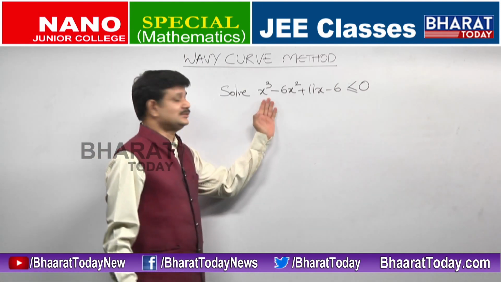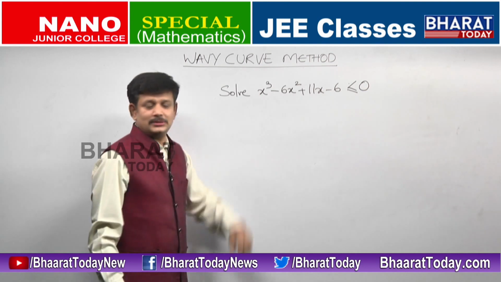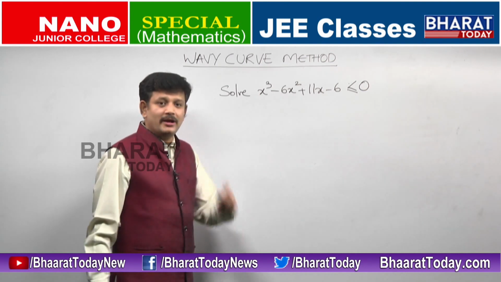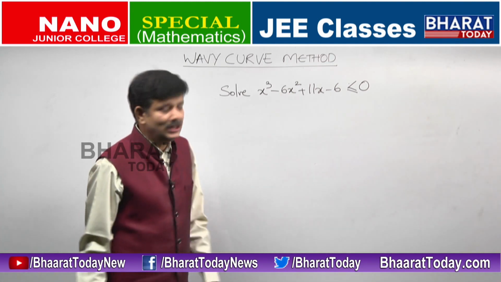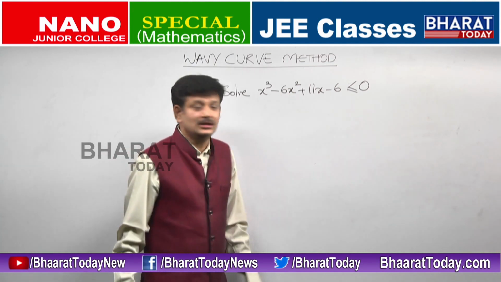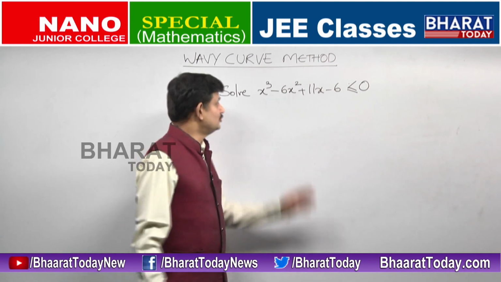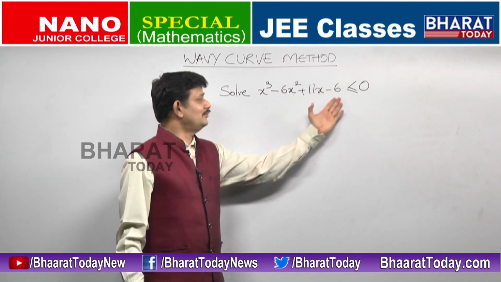Can you identify factors of a cubic? Whenever you are given a cubic equation or an inequation, one of the roots you have to identify by inspection. Just by looking at the equation, you should be able to recall that root. So here, substituting 0, will it make it 0?